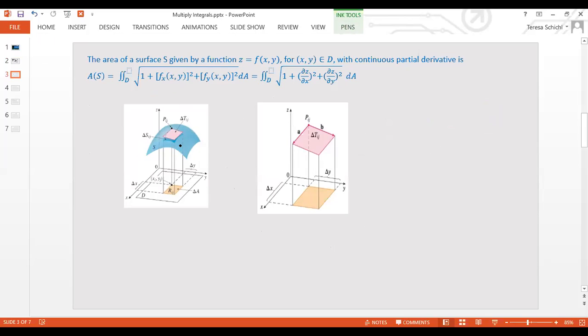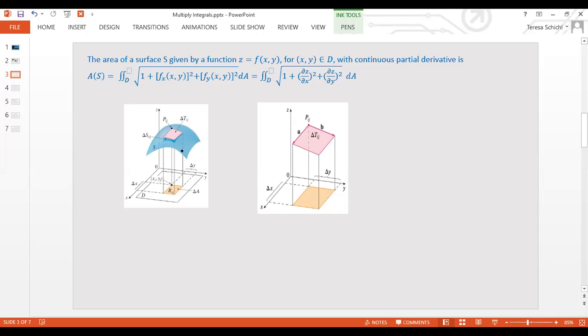Similar to the Riemann sum concept, I'm going to find a very small tangent plane, these pink ones here. These are the tangent planes, right? If you cut it small enough, this tangent plane will be able to estimate the surface area of this blue one.